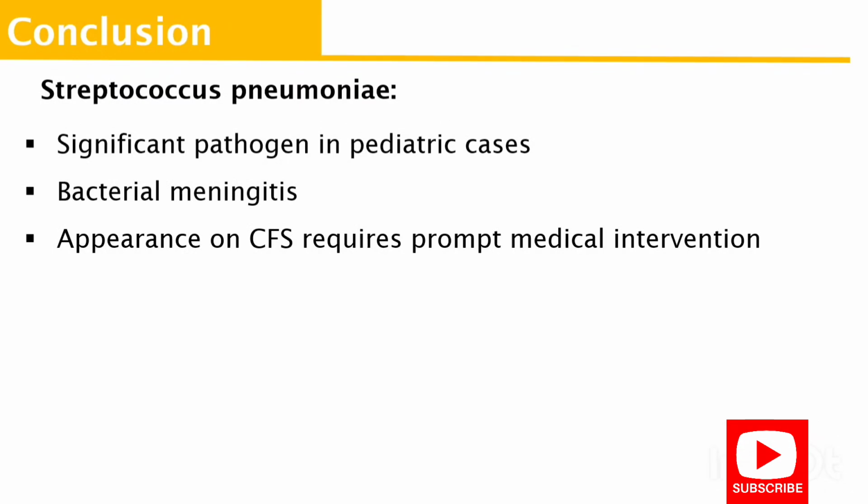The messages pass from the spinal cord to the brain, and the brain interprets them. Therefore, if anything around that area is infected, it can corrupt the central nervous system and lead to a number of abnormalities. That is why it requires prompt medical intervention to make sure it is taken care of.